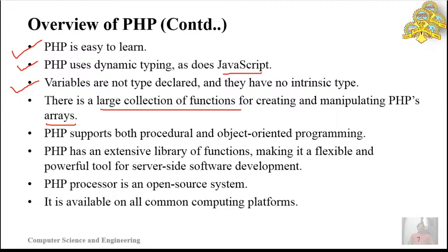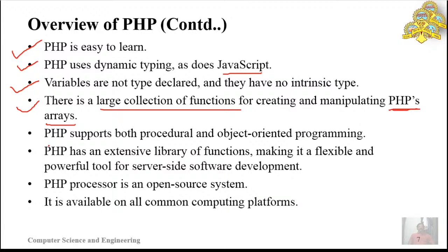PHP arrays are much more flexible than in other languages. So by implementing arrays along with the database, it is very flexible and efficient to write code to handle very complicated database data.